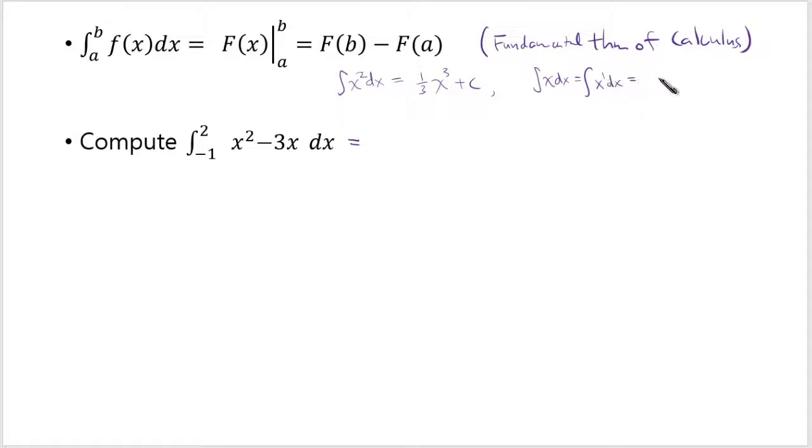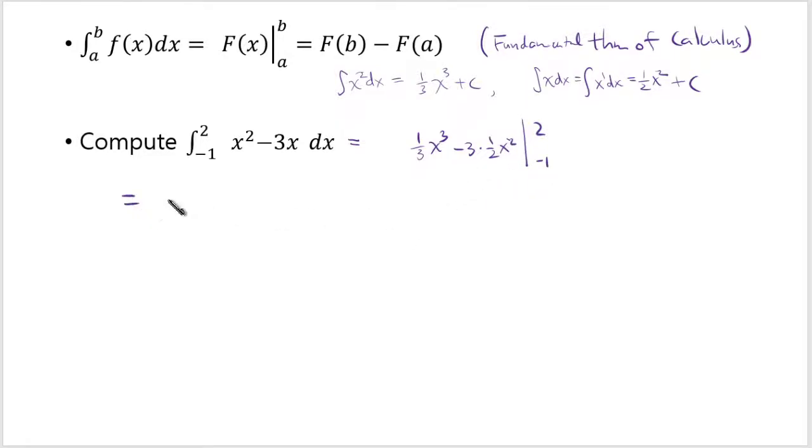So if you add 1 to the exponent, that's x squared, and you put the 1/2, the reciprocal, in front. So these are the integrals, so we know what the antiderivative is. The antiderivative would be 1/3 x cubed coming from the first one, and then minus 3 times the integral of x, which is 1/2 x squared. And then you have to evaluate this at 2 and -1.